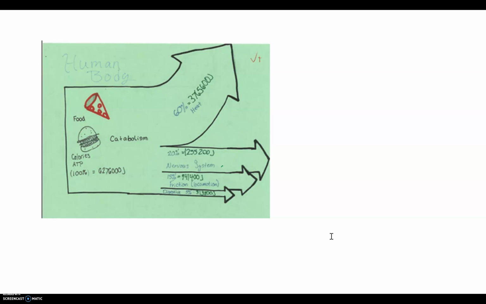So you're going to end up drawing something similar to this, but just showing the larger percentages are going to be a larger section arrow, and then the smaller percentages are going to be smaller section arrows like you see down here. I know the last few are like 1%, so if you wanted to combine a couple of them into like an other category, you can do that too.